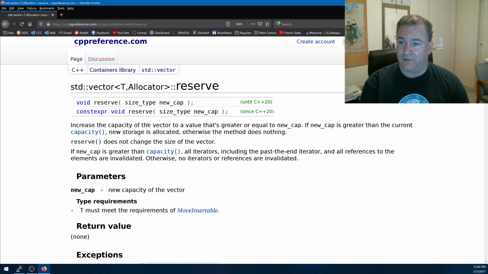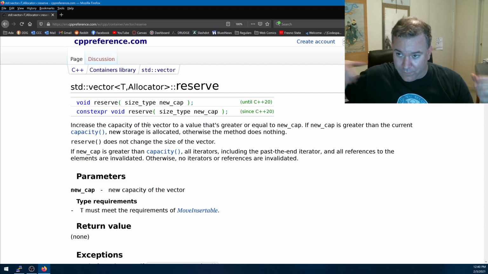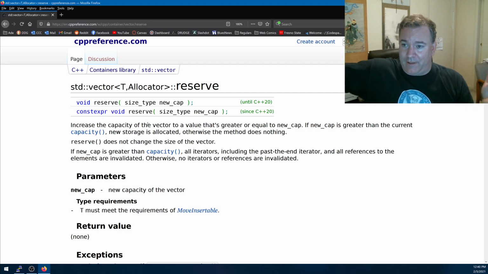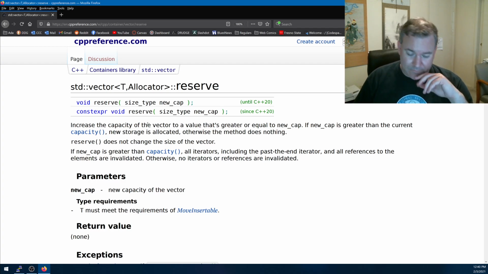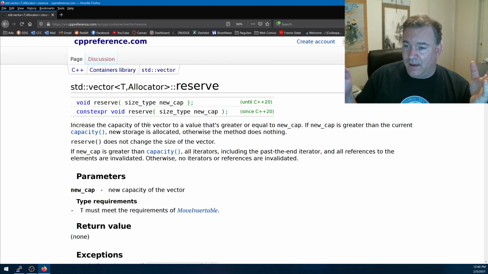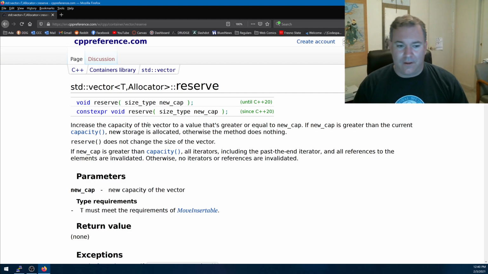So it will secretly reserve a block of 1 million elements, or maybe 2 million elements. They usually waste memory. You don't really know, but it'll usually allocate at least 1 million elements. And then as you push back into it, it doesn't have to do those reallocations every so often.